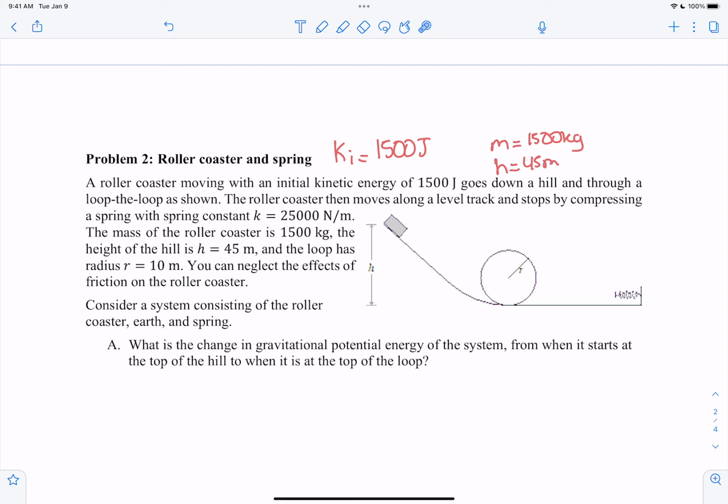Whenever we have height, you want to think about potential energy, especially gravitational potential energy. If we started at a specific height, we have gravitational potential energy if we make this bottom point 0, for example. The idea with gravitational potential energy is it's really in the name: it's the potential to move. Whenever you move an object from an arbitrary 0 point and increase its height, you increase its gravitational potential energy.